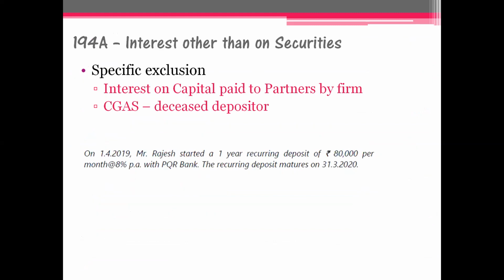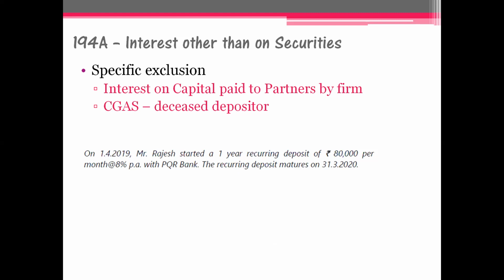Now, looking at the important sections in specific, first is 194A. As told before, there is a specific exclusion of interest on capital paid to the partner. Next is the capital gain accounts scheme. We are aware of this from our capital gain chapter, where a person is not able to use the amount of capital gains as specified under section 54 for his exemptions, then he can deposit such amount within the time stipulated in the act.